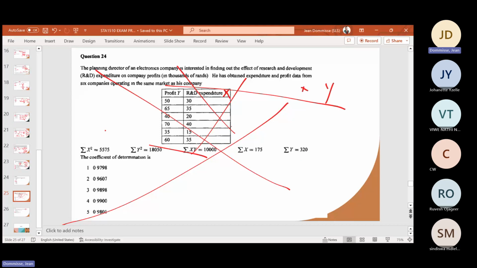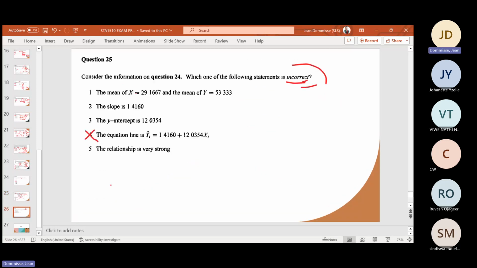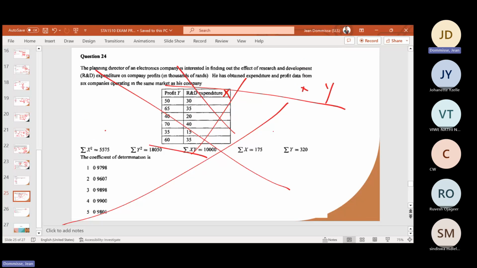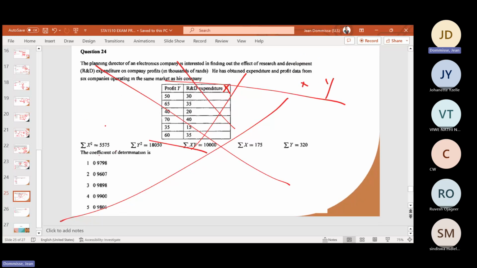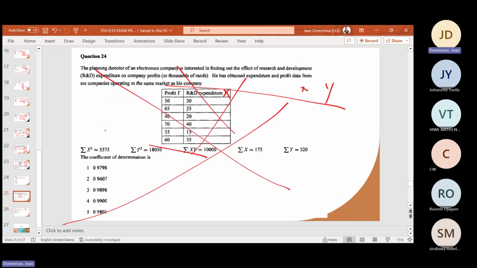And then x divided by 6 is just less than 50. So that would probably have been correct. The relationship is very strong with your R value being so high. But again, the data doesn't really speak to one another.